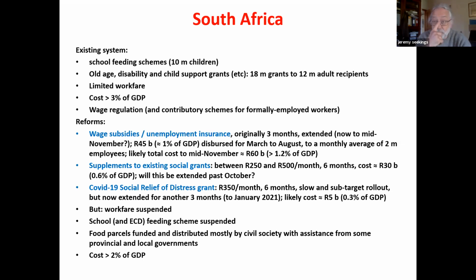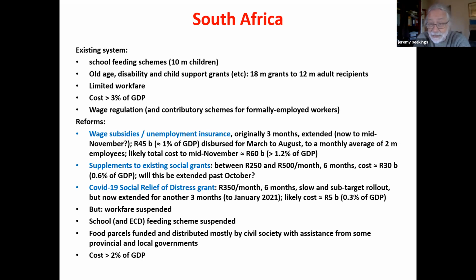So what happens with COVID? Well, the first thing is a massive expansion of unemployment insurance through the UIF TERS scheme. It's what Lena was referring to as a wage subsidy. Whether it's a wage subsidy or unemployment insurance is a moot point, because of course most of the payments are going to people who are now unemployed, who did not qualify under previous systems.